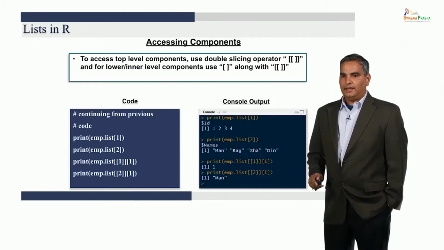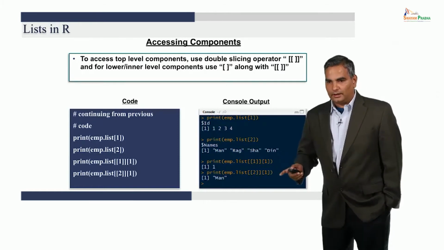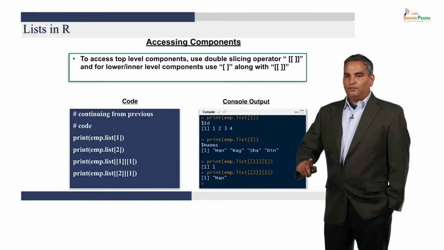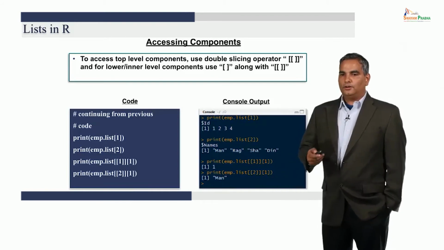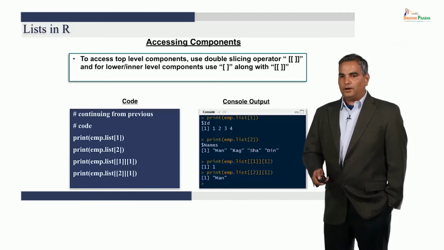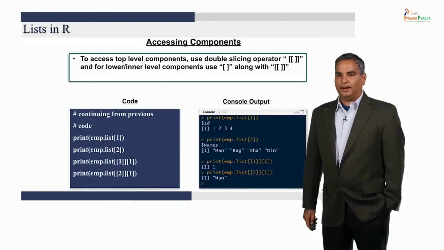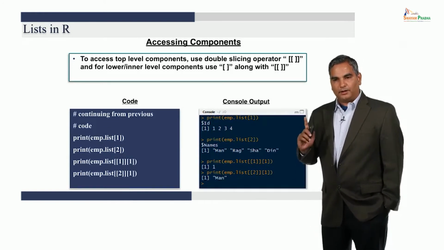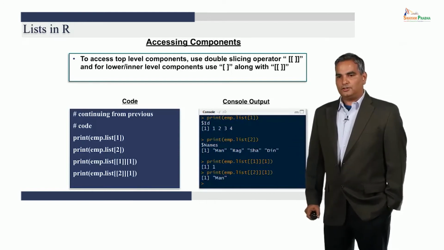So if I say emp.list[[2]], then it will go to a particular object, and then within that you can pick anything that you want. So to give you an example, print emp.list[[1]][1] would give you the corresponding answer, that particular aspect of the list object that you have defined.